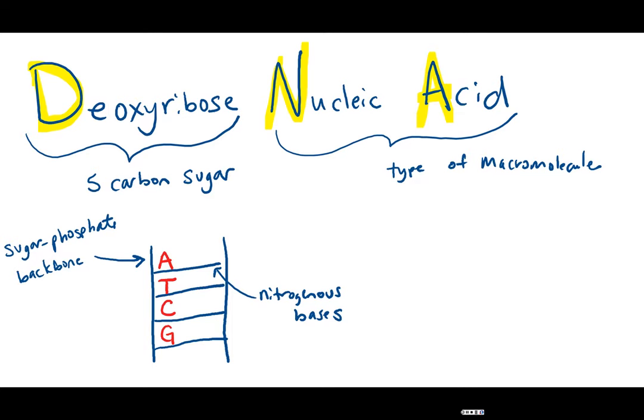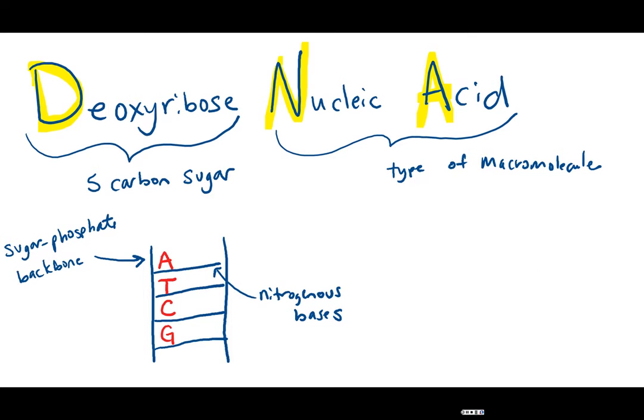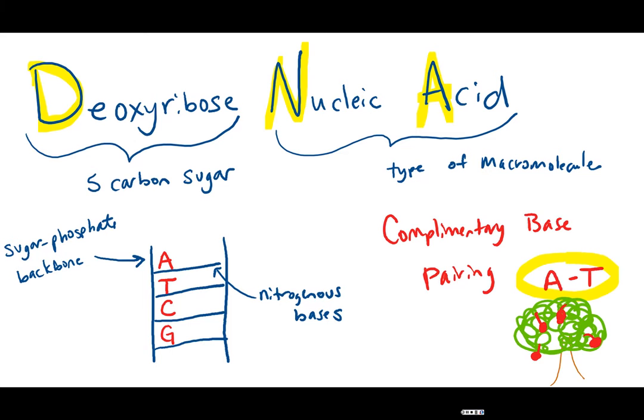So I have listed here my adenine, thymine, cytosine, and guanine. Now, going back to the previous slide, it's a double-stranded molecule. So we're going to have sugar phosphate on each of the sides of the ladder, and then we're going to have actually pairs of nitrogenous bases in the middle of the ladder.